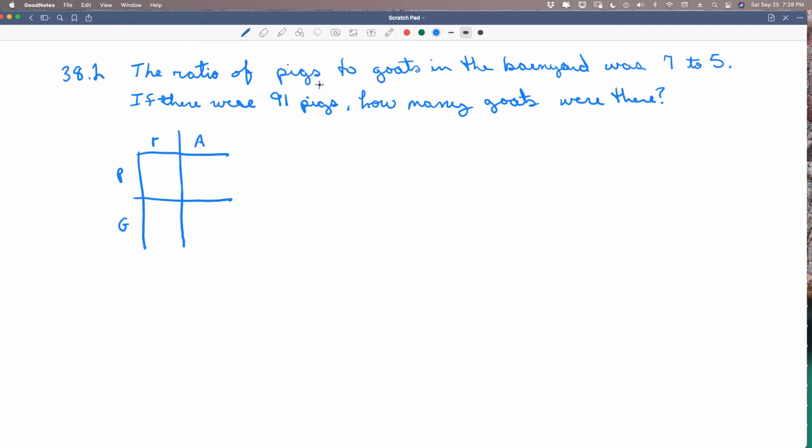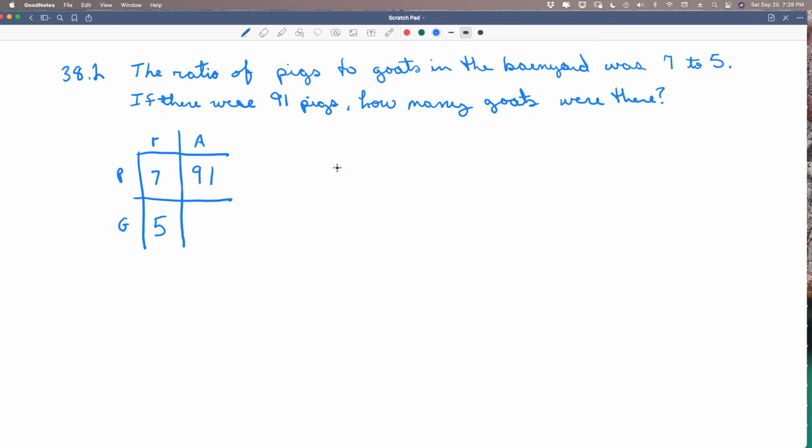Whatever order they put the words in, that's the order the numbers are in. So pigs is first, so 7 is pigs, and goats must be 5. They tell us there were 91 pigs, so the actual number of pigs was 91. How many goats were there? That's what we're looking for. That's our unknown, so that's where we put x.